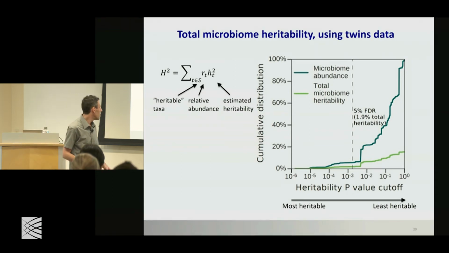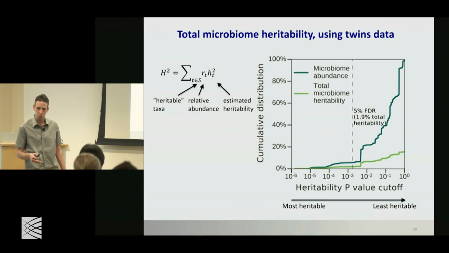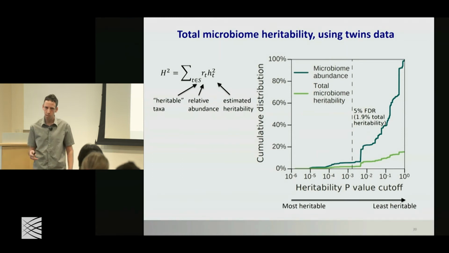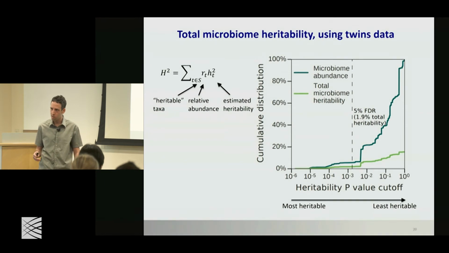And the light curve is the estimated total heritability according to this very rough measure. And what you can see here is that basically no matter where we cut it, the total microbiome heritability according to this measure is not that high. It's smaller than 20%. And for comparison, the estimated heritability of height from twin studies is 80%.